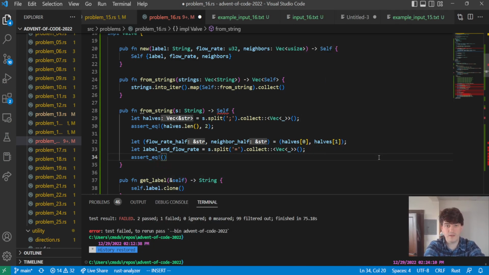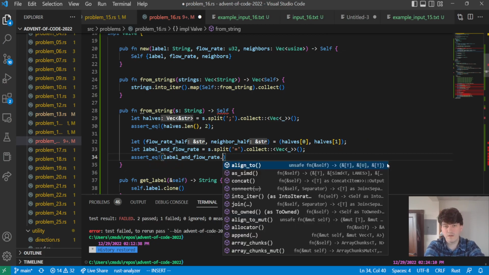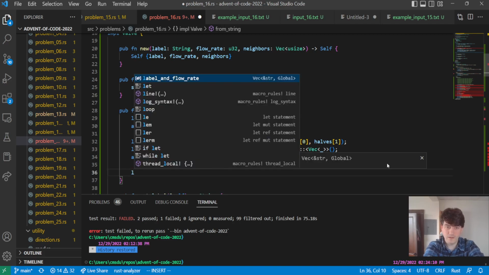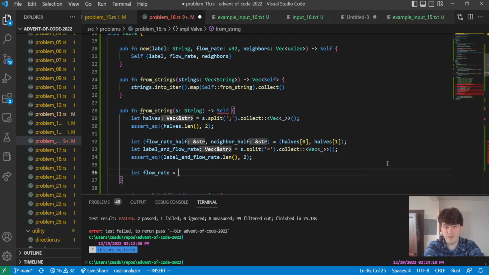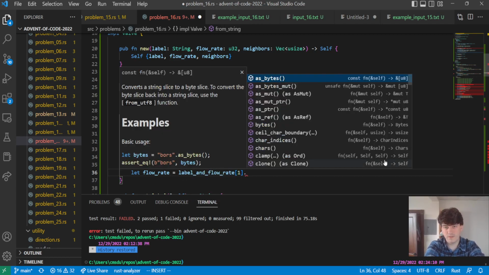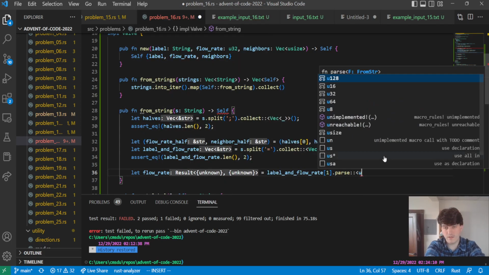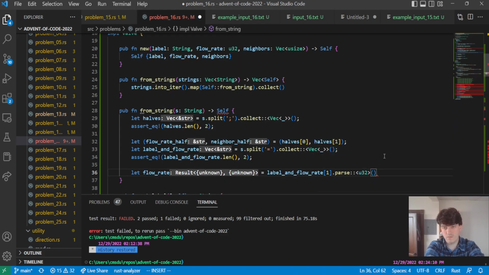Again, we check that label_and_flow_rate.len() is 2. And then let flow_rate be label_and_flow_rate[1].parse into a u32.